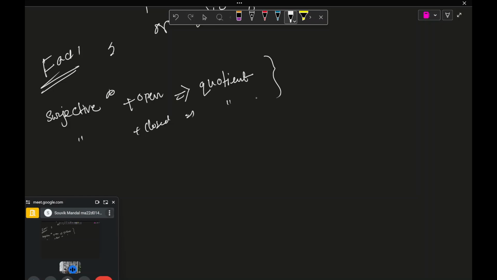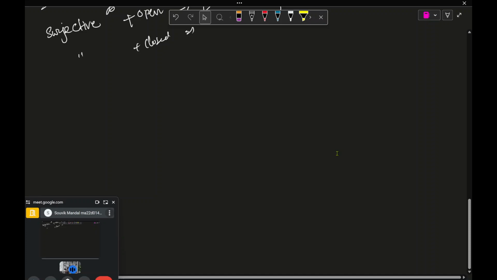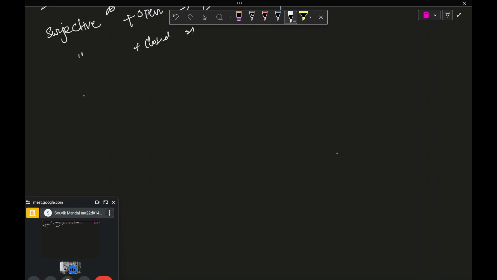The open map sends open sets to open sets, and the closed map sends closed sets to closed sets. Okay. So this is the definition. Also, it is sometimes easy to determine whether a given map is an open map or not, but it is not always easy to determine whether a given map is closed or not. Okay, so for that there is a criterion.